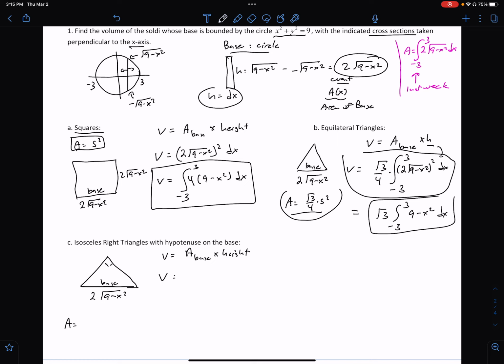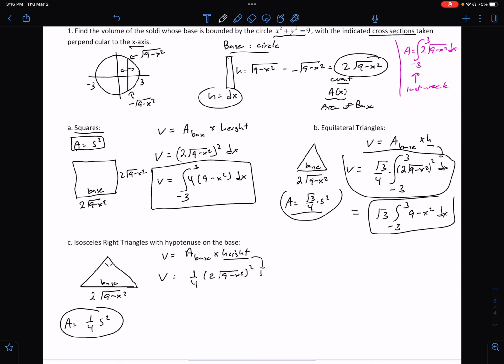We just get 1/4 s squared, and that's the area of a right triangle with the hypotenuse on the base. You can verify this later on if you get bored. So I'm just going to type it in: 1/4 s squared. So s is our 2 times the square root of 9 minus x squared, squared.